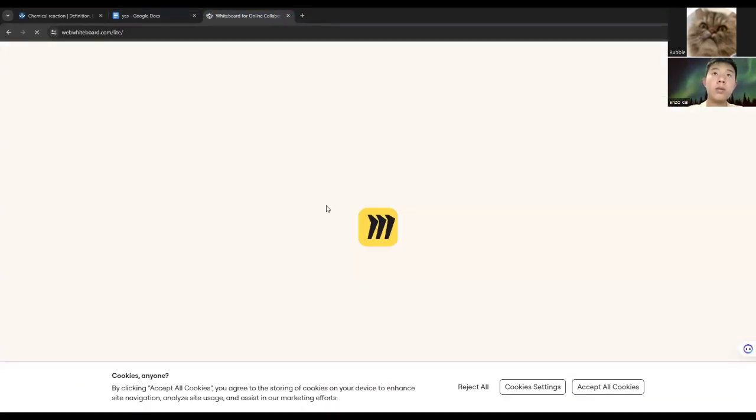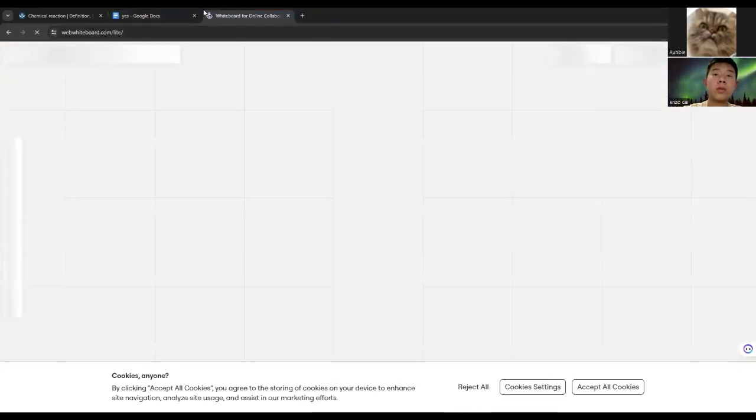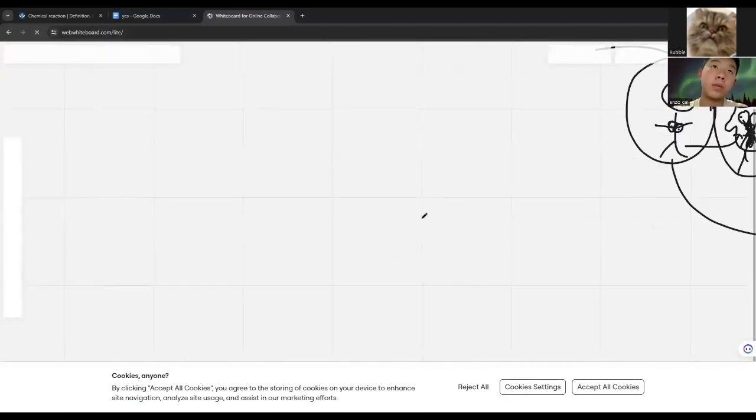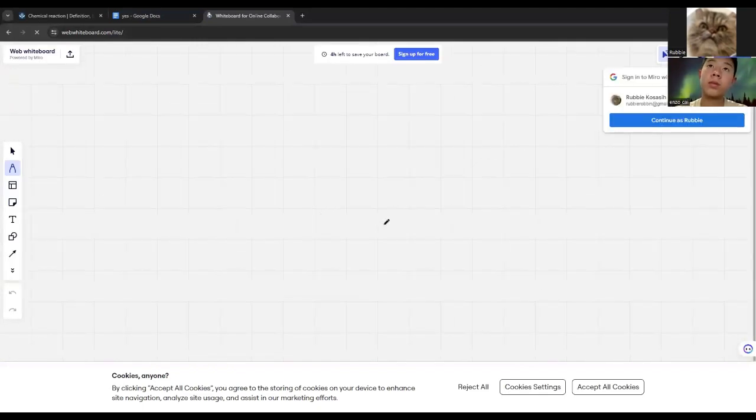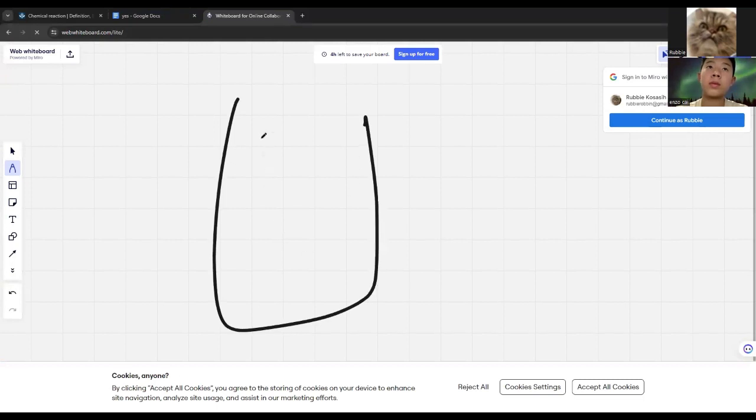Usually, if it's not concentrated, the sodium doesn't get attracted to anything. It just stays in the electrolyte, like this one. I'm going to draw it on the whiteboard.